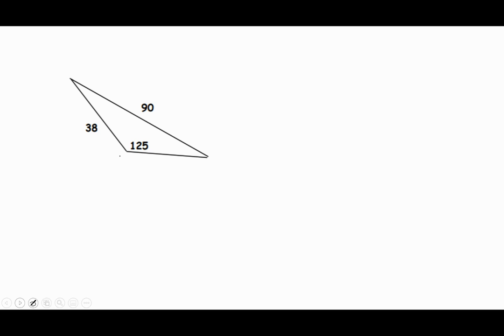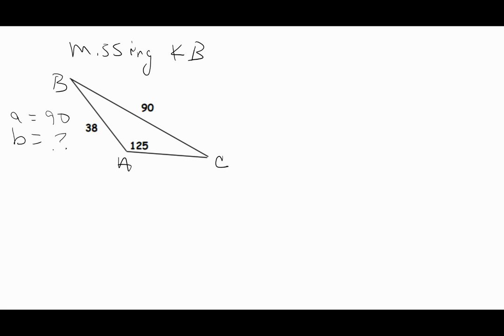I'm going to call this A, B, and C. And I think we'll find angle B. Missing angle B. Now you'll be told which one, but for our practicing purposes, I'm going to just tell you. So practicing, A is 90, B is unknown, and C is 38.